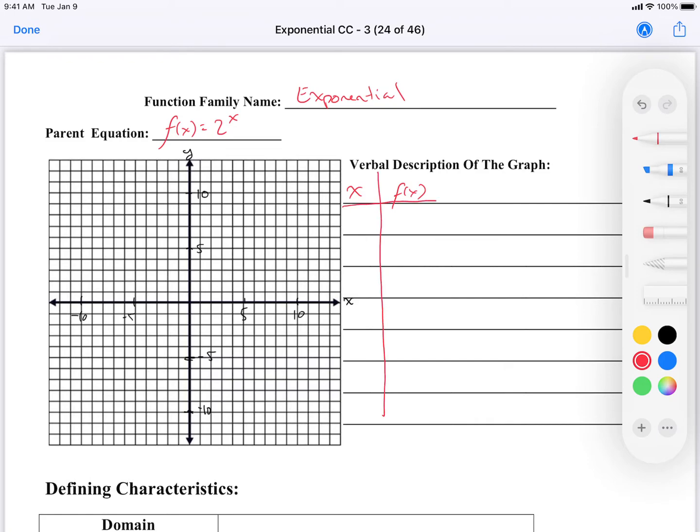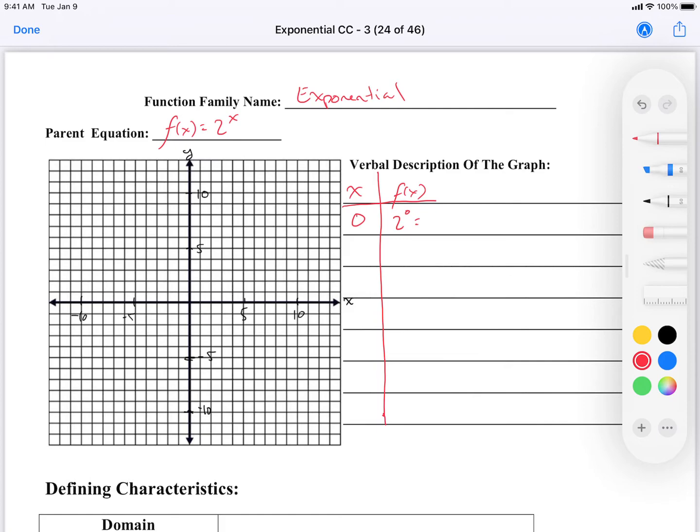And again, we're going to start off the same place that we started off with every single function. We're going to say, okay, what happens when x is 0, because that's the easiest place to start. Well, if x is 0, that means f of x is 2 to the 0. And what's anything to the 0 power? It's not 0.